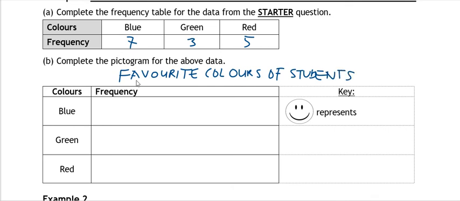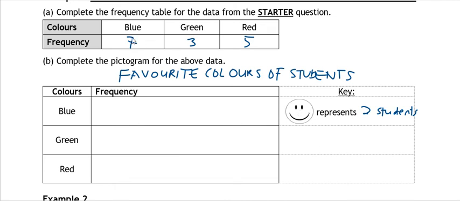So here, let's say we can use a smiley to represent, let's say, the frequency, which is the number of students. So I can use, let's say, 2 students, right? So what you have to take note of is that every number here is an odd number, so you will use a half of the picture to represent 1 student.